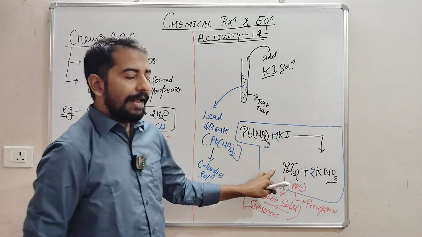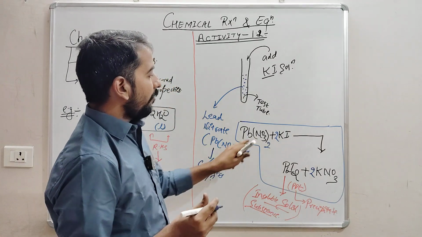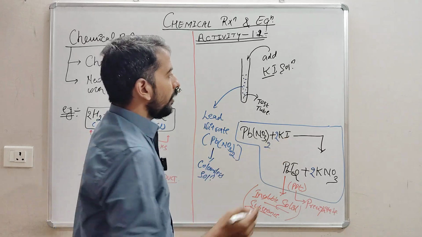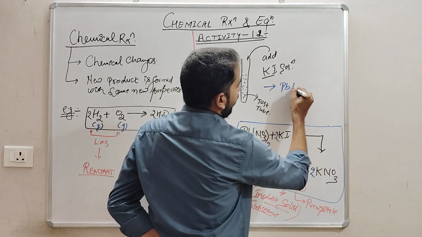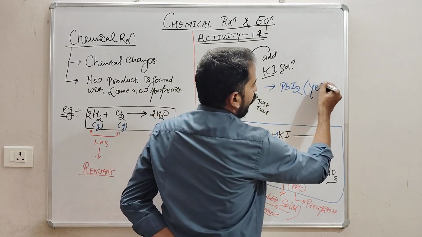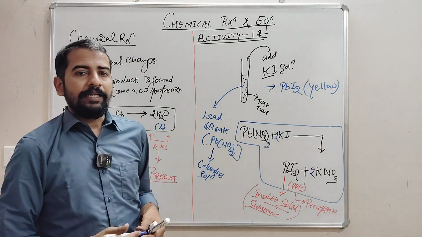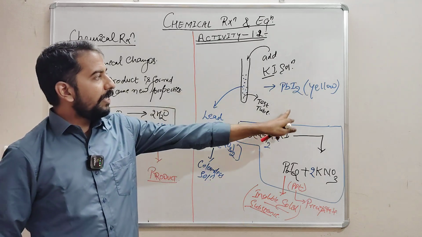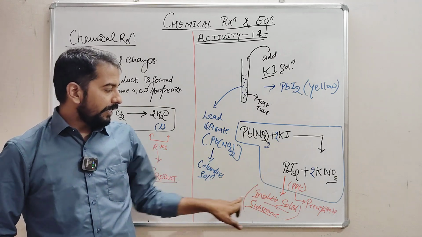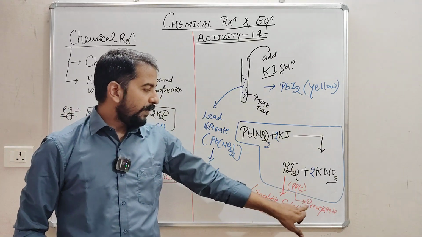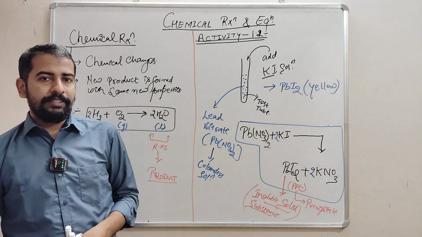So lead iodide is formed. It means by the reaction of lead nitrate and KI solution you will get lead iodide, and the color of lead iodide is yellow. So from here itself you can see what the chemical changes are. You are getting a change in color. So what you are getting is the precipitate of a yellow insoluble solid.